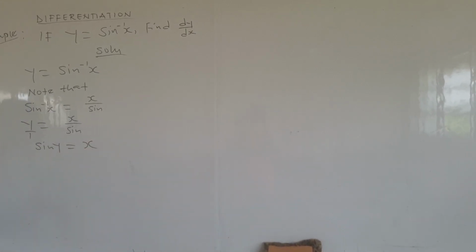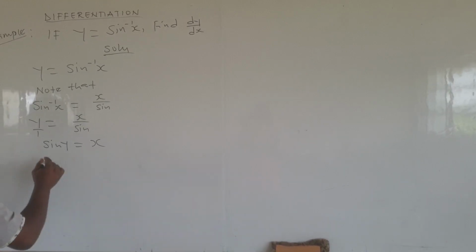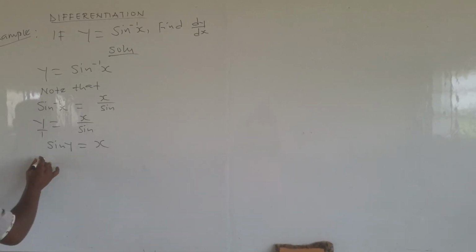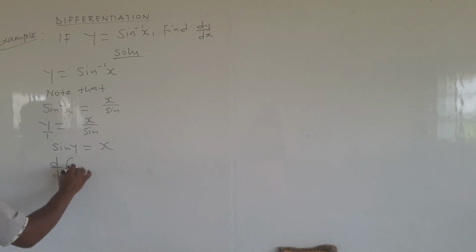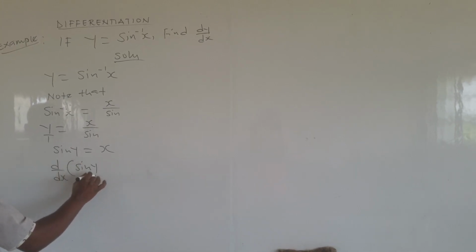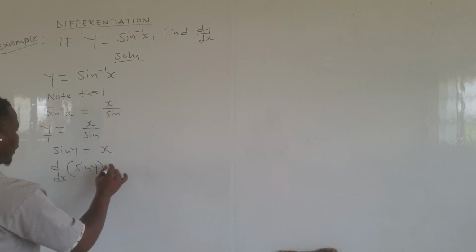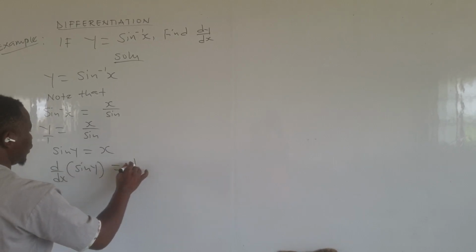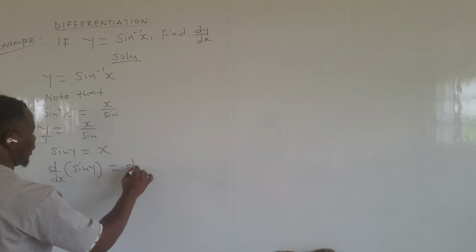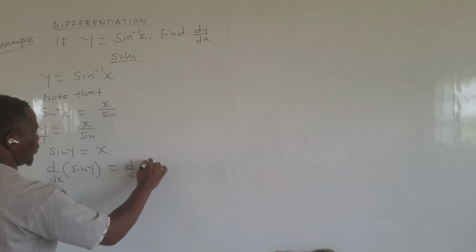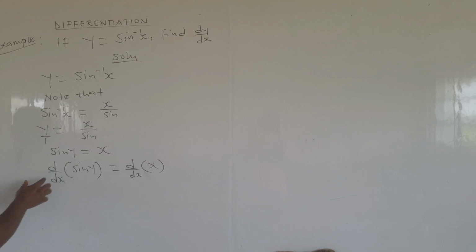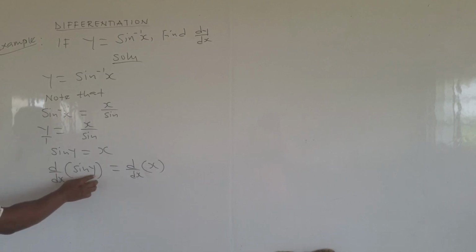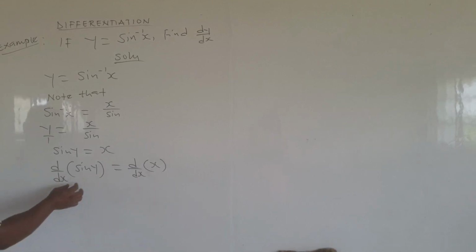Is that clear? So at this point, we will differentiate both sides. We will be using d over dx of sine y equals d over dx of x. So this implies that we differentiate what is inside here. Are you following?